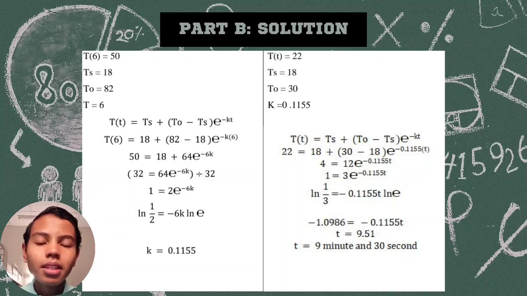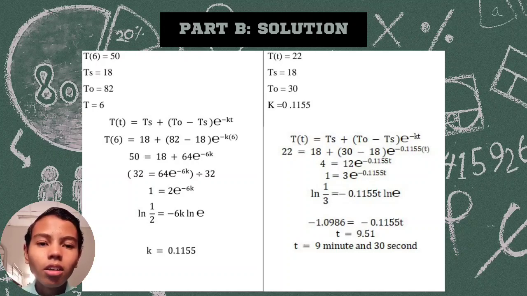We replace this information in the formula. We get 22 equals 18 plus bracket 30 minus 18 e to the power of negative 0.1155t. After we calculate as usual, we get 4 equals 12 e to the power of negative 0.1155t. Next, we simplify and get 1 equals 3 e to the power of negative 0.1155t.